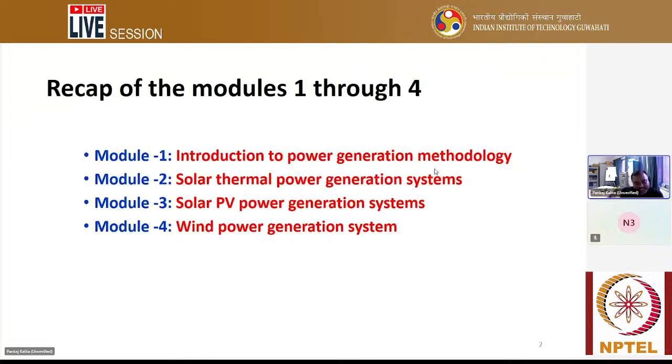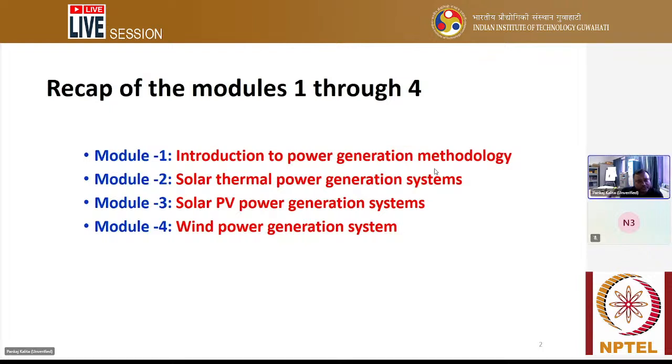It may be a standalone system or maybe grid connected systems, and how these two, standalone and grid connected systems, are designed. So this has been elaborated extensively in this module.